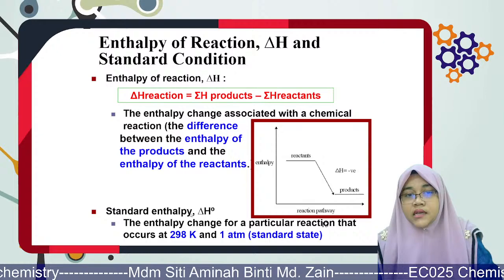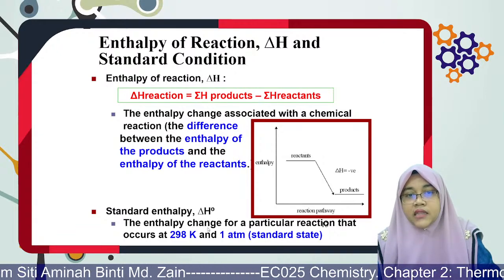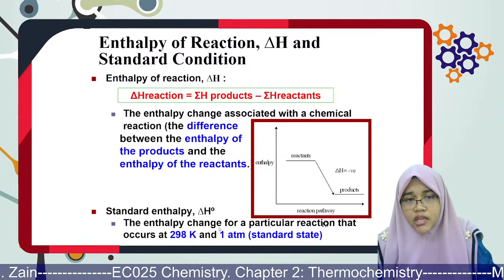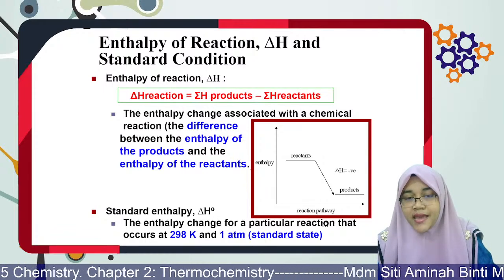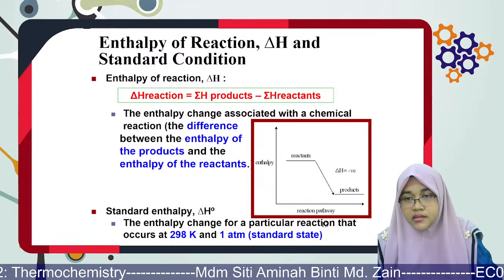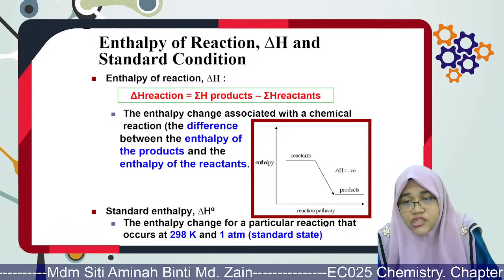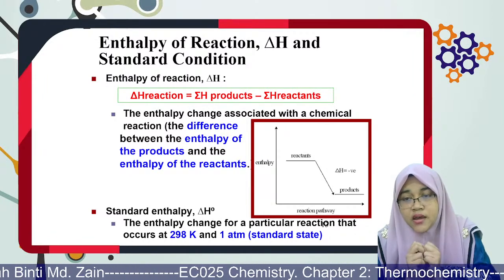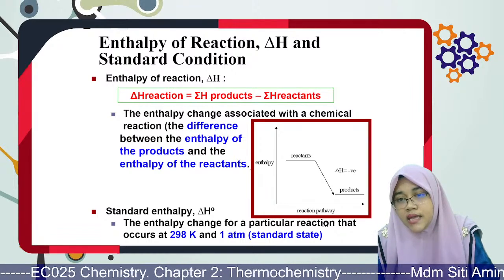But what is standard enthalpy? The enthalpy change, delta H, for any particular reaction that occurs at 298 Kelvin and 1 atm, we call the standard state. So whatever enthalpy, whatever reaction that occurs under these two conditions, pressure and temperature, we call standard enthalpy.